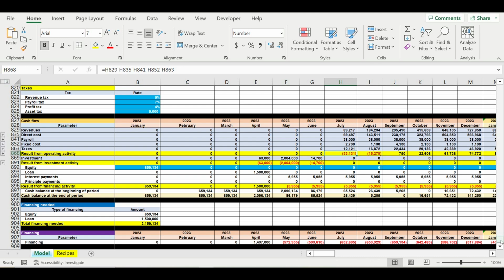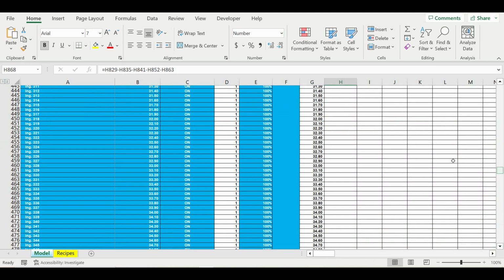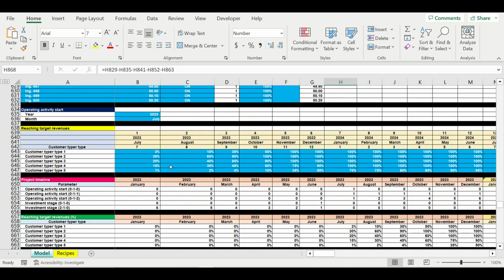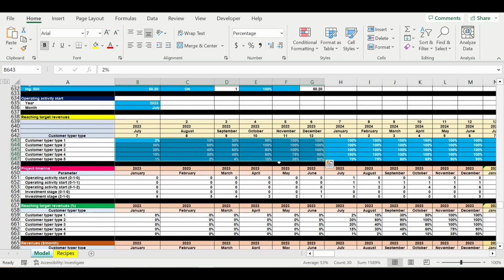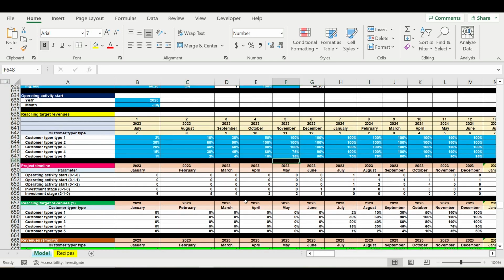So when we start playing with these values, we will be able to see in a good scenario and a bad scenario the difference between financing needed. So this will be a very interesting stage for you when you start playing with your model.